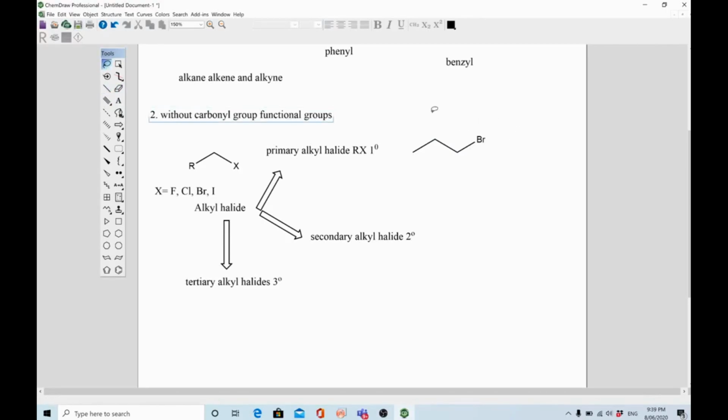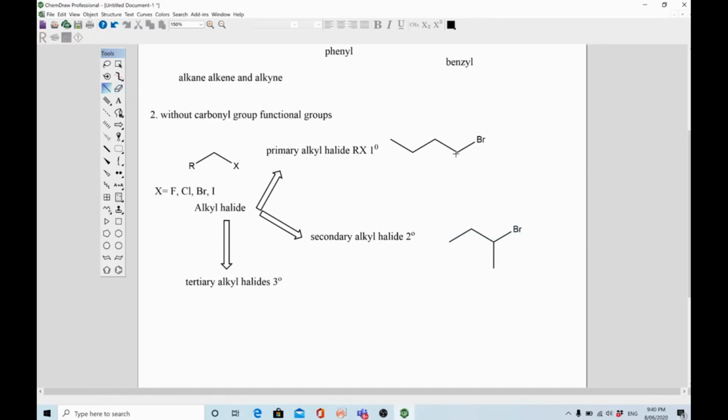So this is secondary alkyl halide. If you have, let's make it bigger, 1 2 3 4, then this is secondary carbon, if I put 1 carbon more here. Now this carbon, which contains bromine, is connected with this carbon, and it itself contains only one hydrogen.